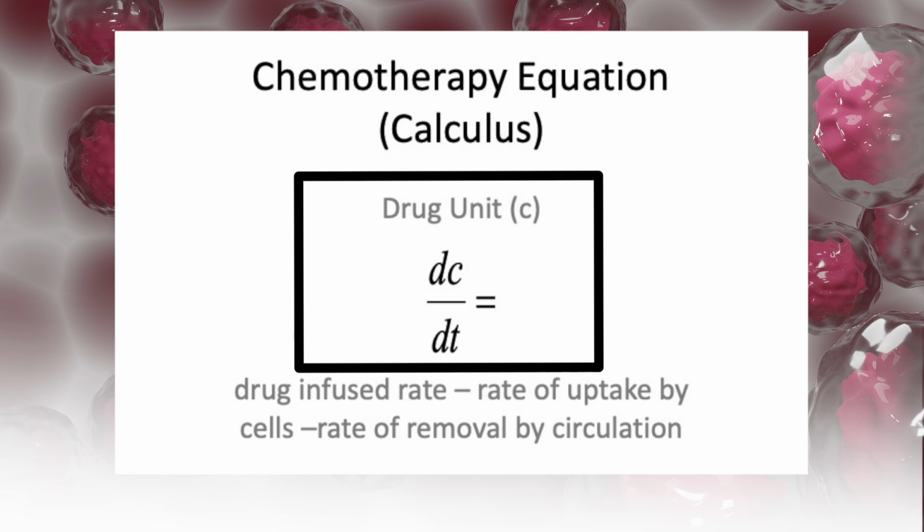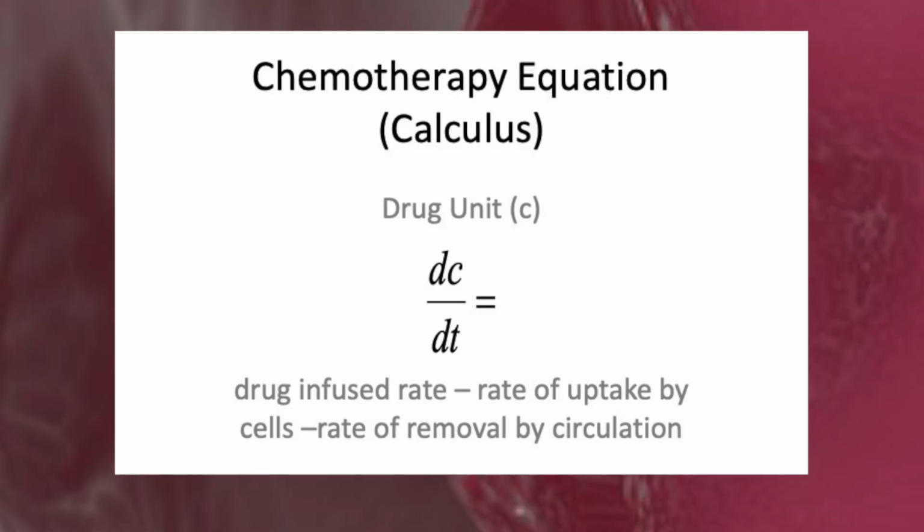Simply, we define the drug infusion rate minus uptake by cells minus the rate of removal by circulation. This is the process which is applied by chemotherapy, but how do we measure this whole process through a single value?